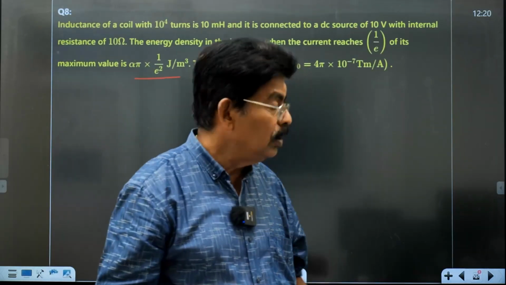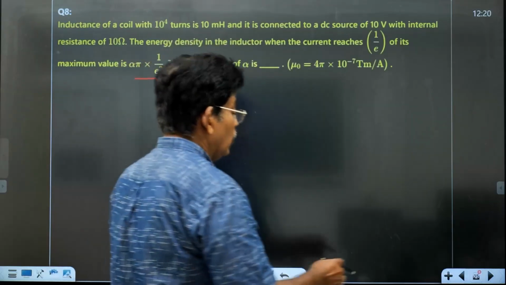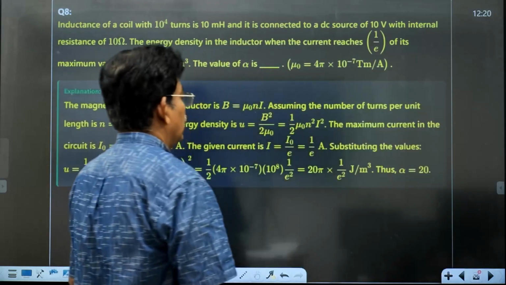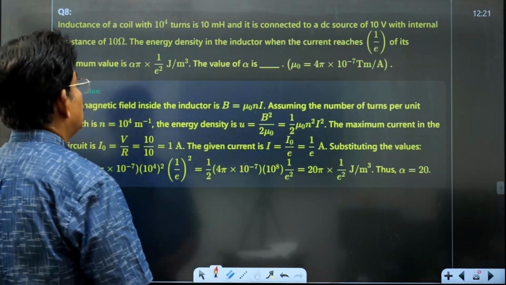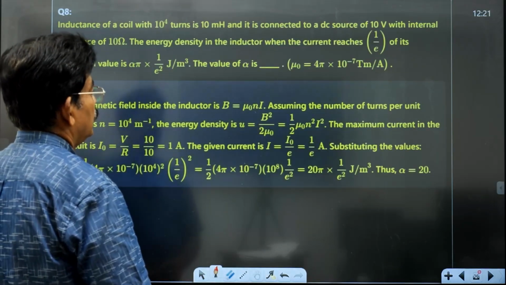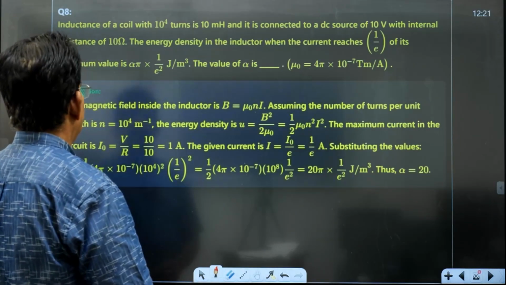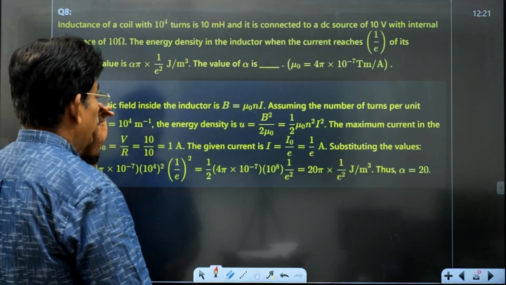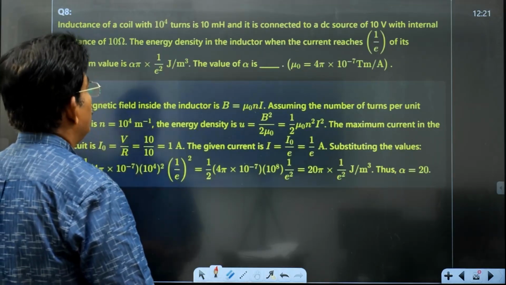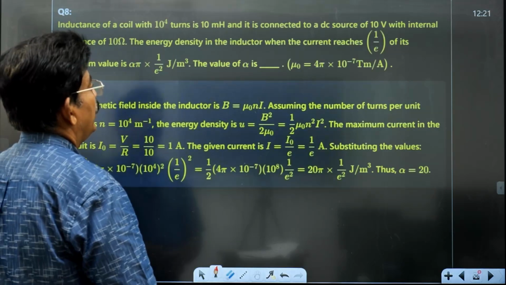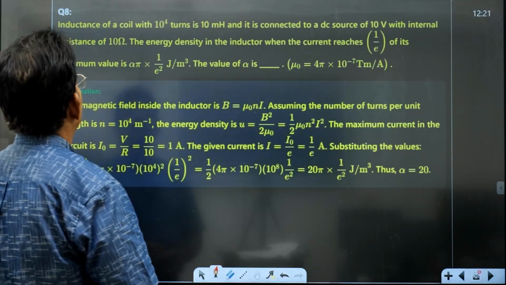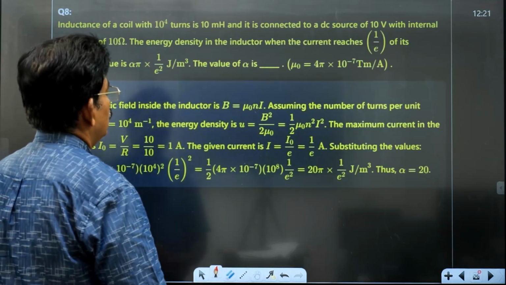Okay, now we're going to go to the explanation. Look, first of all, it is a DC source. And we know in the inductor, there will be a magnetic field produced.